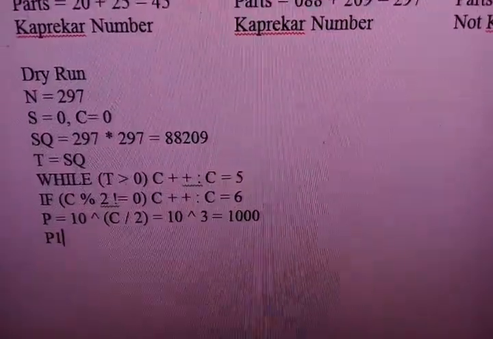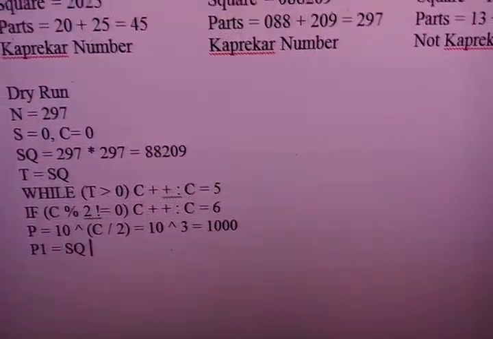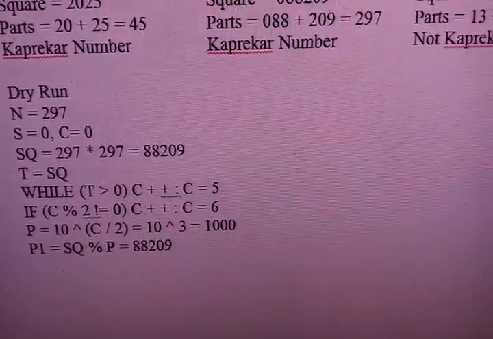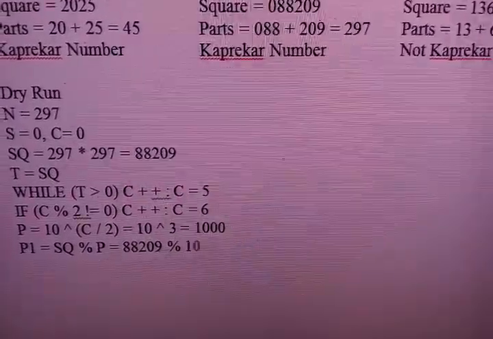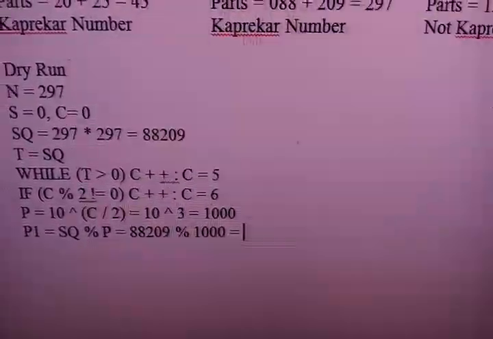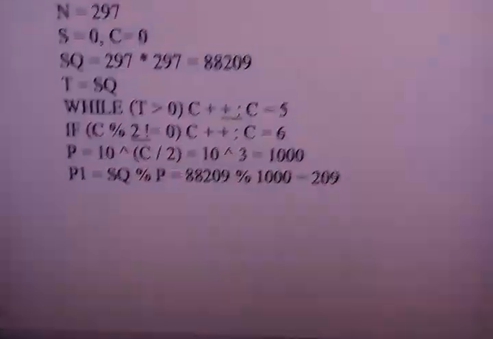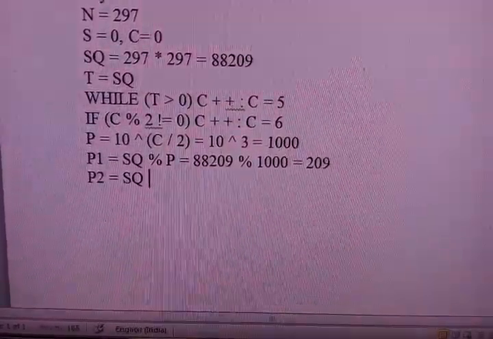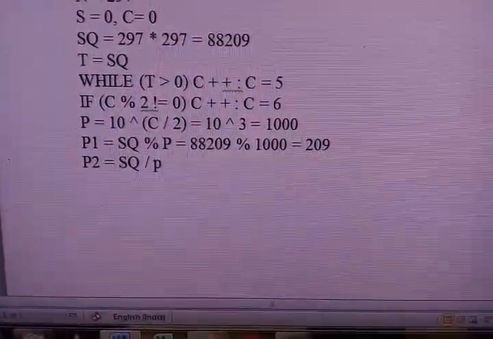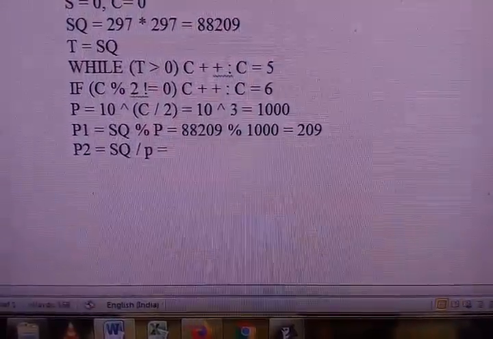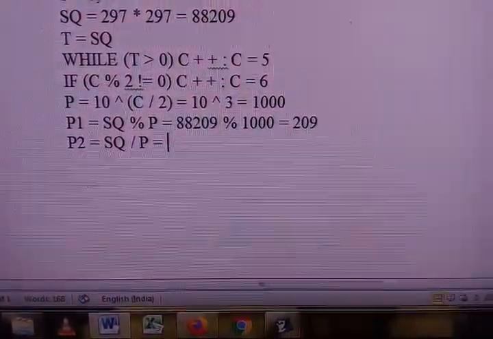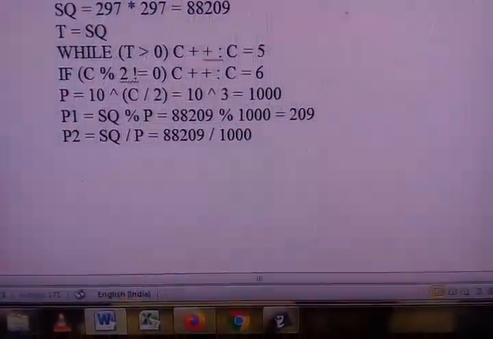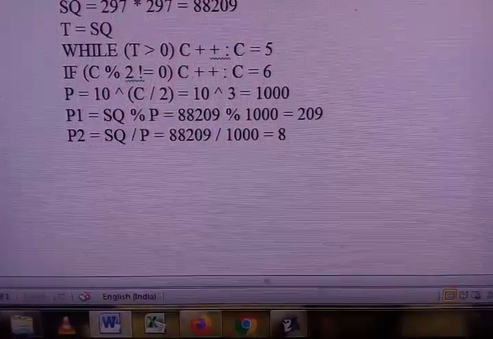Next, p1 equals sq mod p, that means 88209 mod 1000, it will give you 209. And p2 equals sq by p, this is the quotient part, 88209 by 1000, it will give you 88.